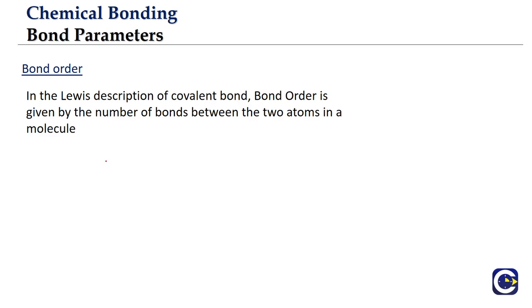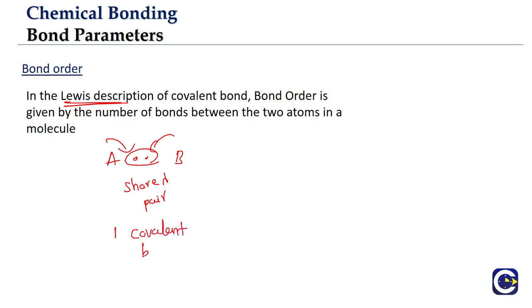Whenever we talk about the Lewis theory, we begin with the concept of sharing of electrons. Like in a normal covalent bond, element A will provide one electron, element B will provide an electron, and that will form a shared pair. When they have one shared pair of electrons, this is one covalent bond, so we also call it a single bond.